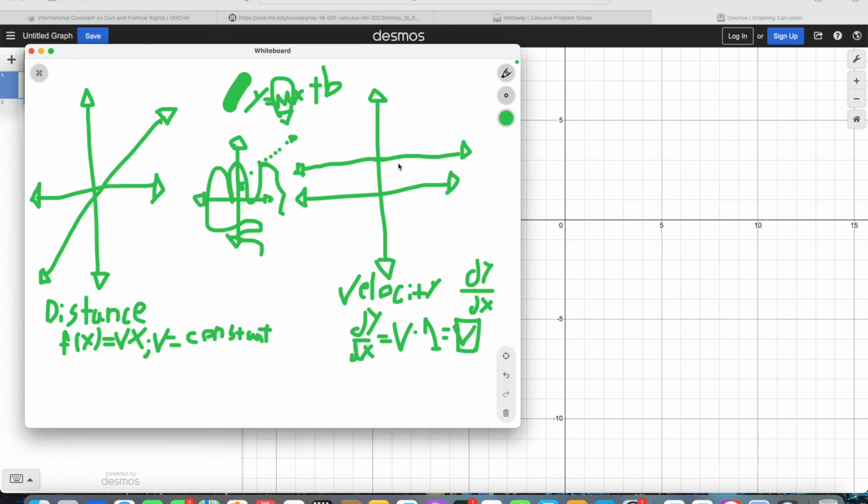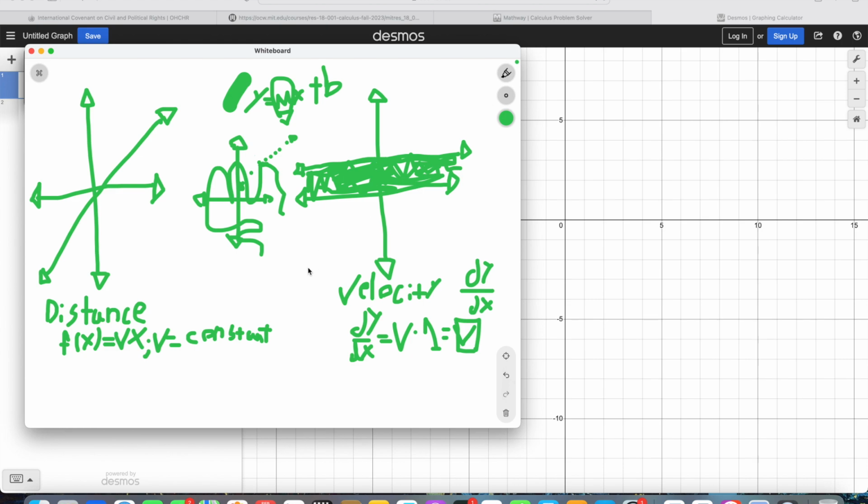Well, here's the rule. The area underneath the slope of the first derivative, so on this graph, the area underneath this line, this area, is equal to the function that gave us the first derivative, or in this case, this area underneath the line would be equal to the distance function.